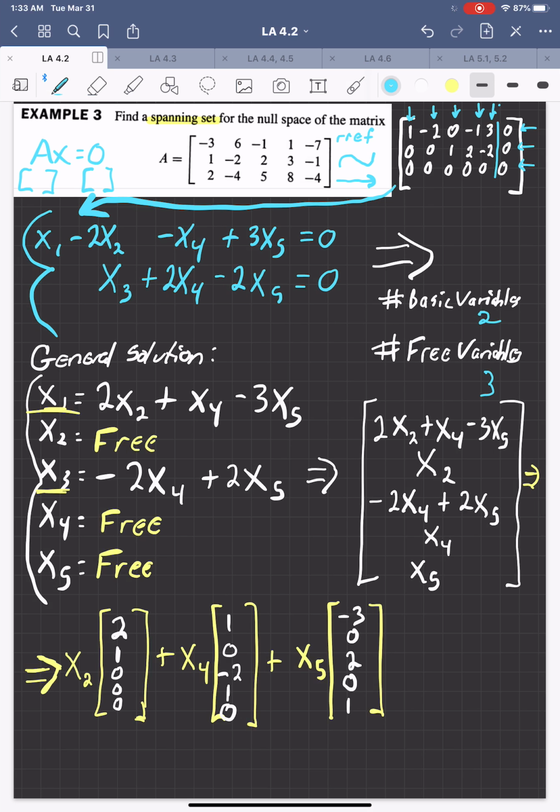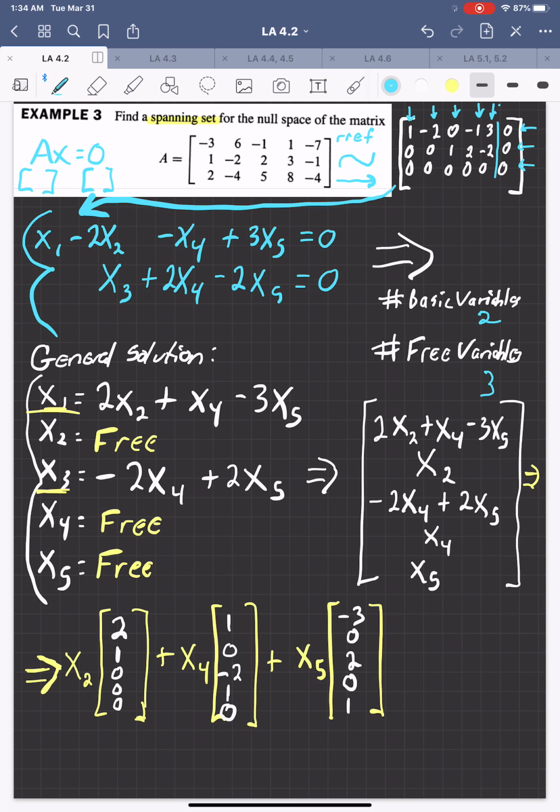Now, you are actually done at this point. You have done all the heavy lifting. But let's go back to the question, which was to find the spanning set. So I need to actually be able to write a set of vectors that spans the null space of that matrix.